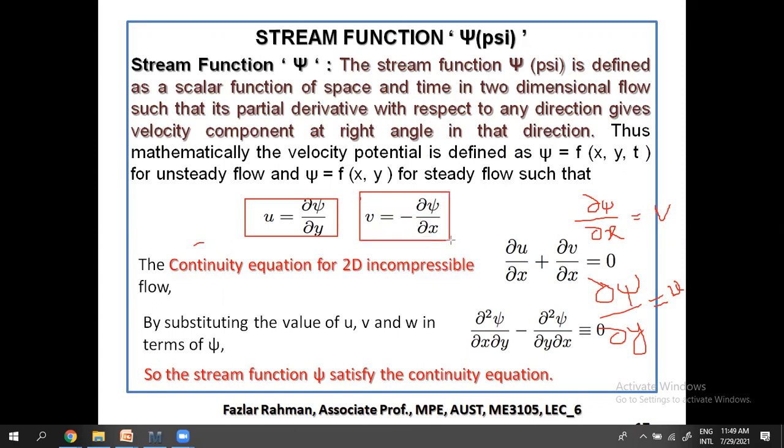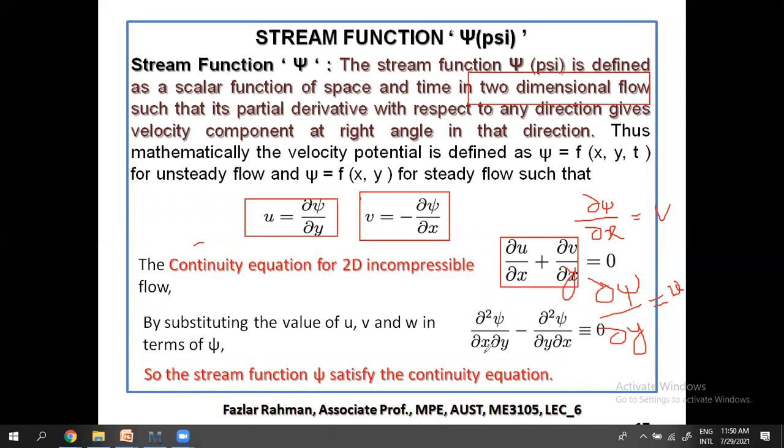It has a specific reason, because for two-dimensional incompressible flow, we need to make sure that the stream function satisfies the continuity equation. This is our continuity equation in two-dimensional flow, so the summation of these two has to be 0. Right over here, there is a mistake. This will be del y. Del u by del x plus del v by del y. This summation will be 0.